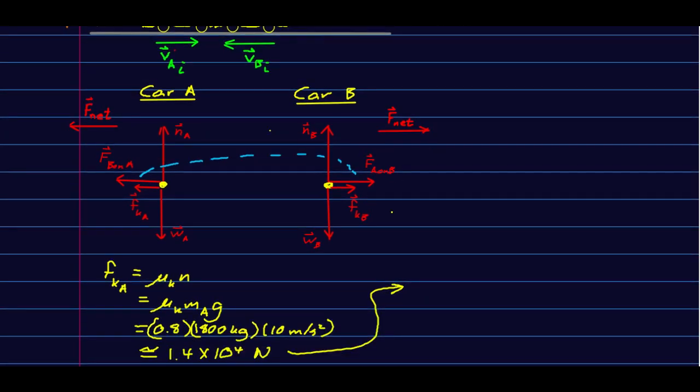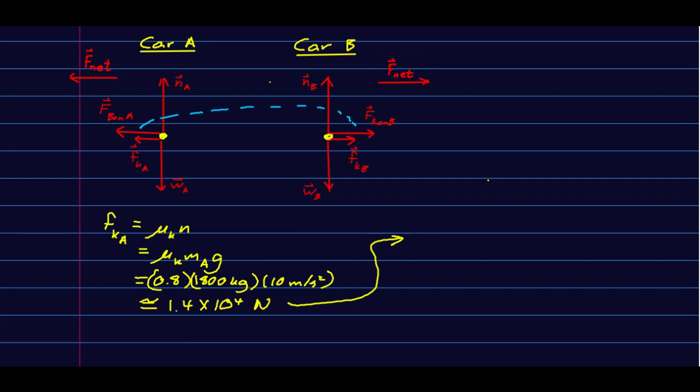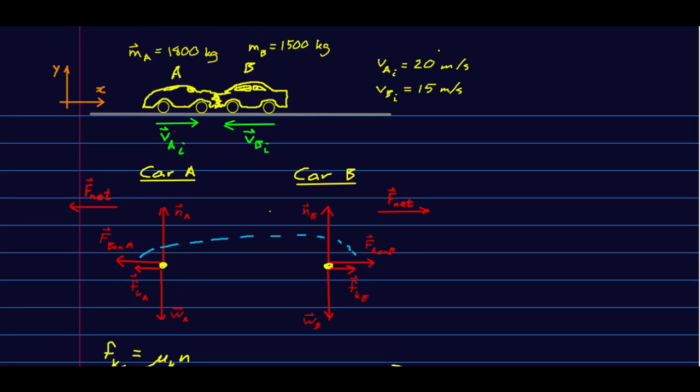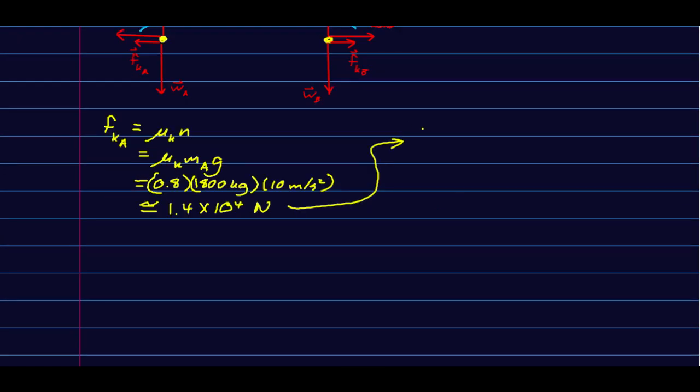Well, around 2 seconds, right? These cars are not going very fast. With their tires locked, they'll accelerate at somewhat less than 10 meters per second squared. And so the time to stop just from friction would be around 2 seconds.